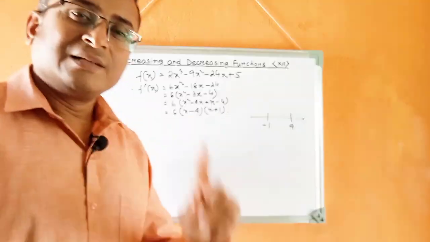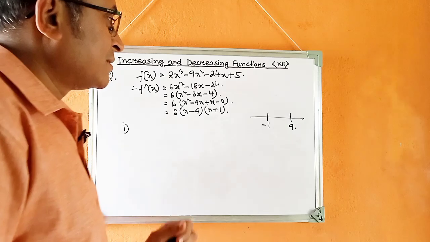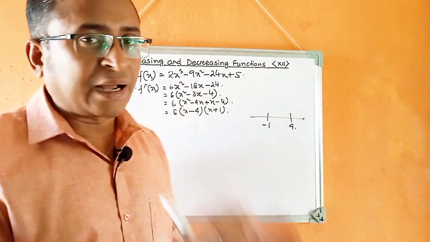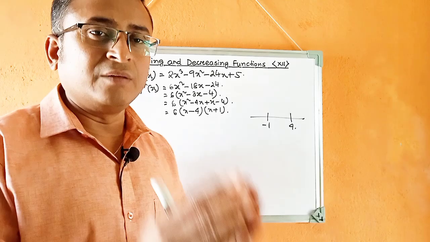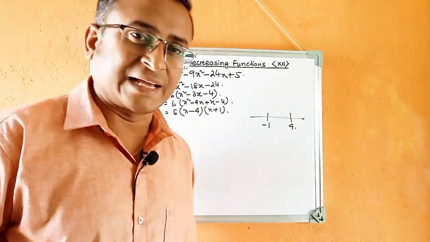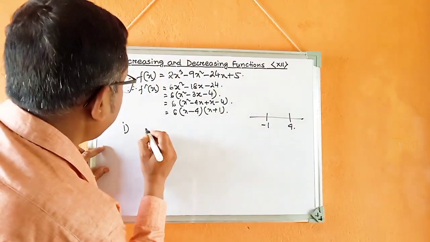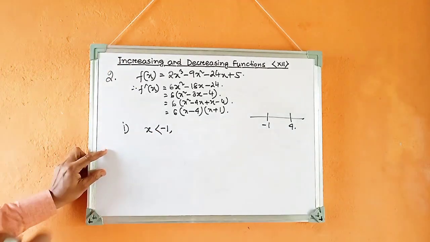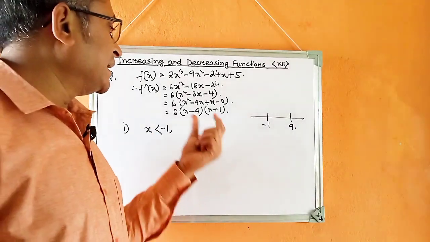That is a plus value, so this is strictly increasing. That means if x is less than minus 1, we get all positive values of f dash x. Clear?